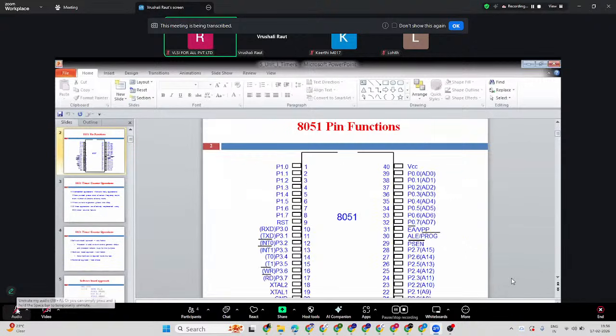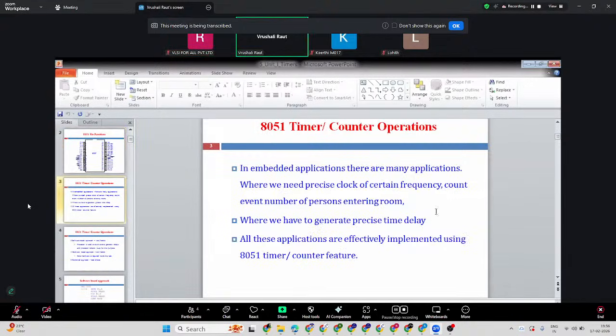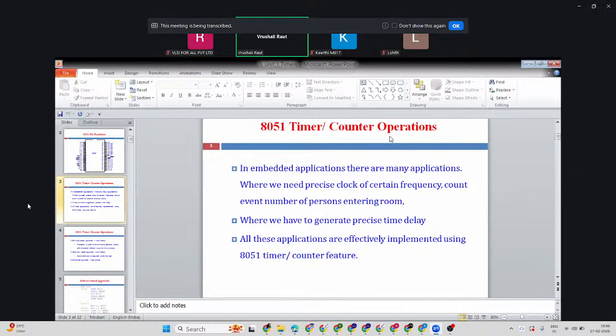So we were talking about timer and counter, and what I told you is that timer is for internal time setting for generating a delay, whereas counter is for measuring external events which are happening. For example, in one classroom I have to do a project of measuring the number of students entering that classroom.